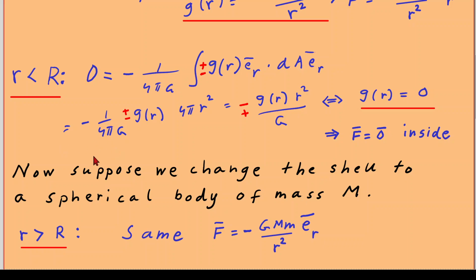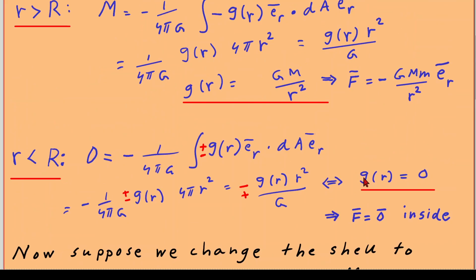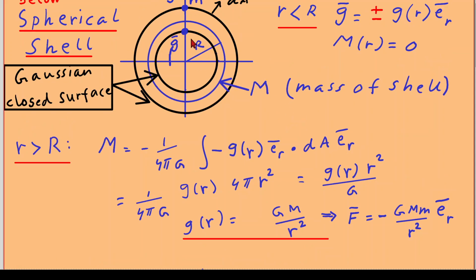And now let's change the shell to a continuous spherical body with, like the Earth, also with mass m. So then you will have mass inside here, right? Suppose now this blue circle here is the Earth surface, right?